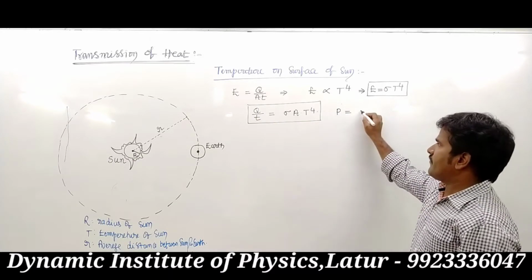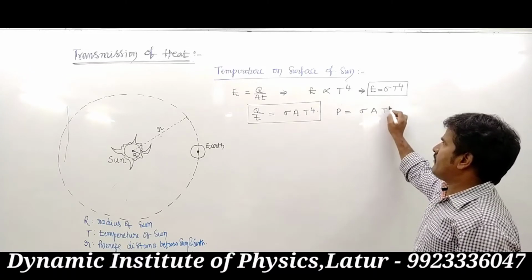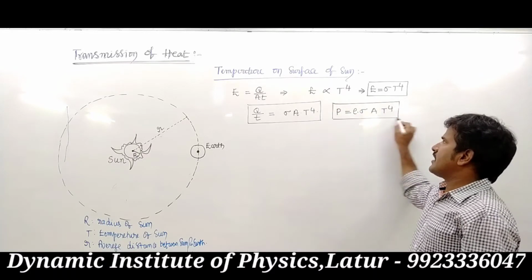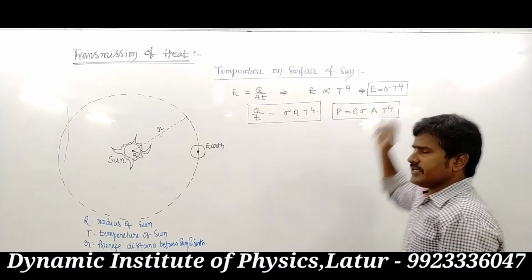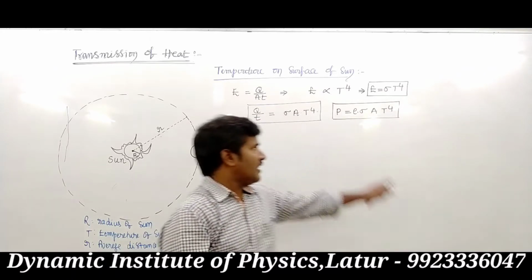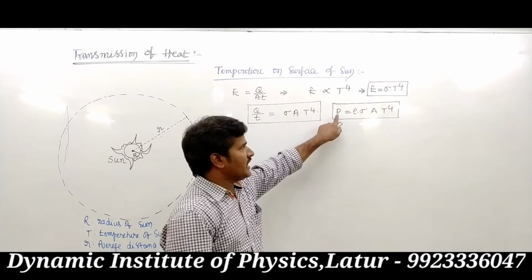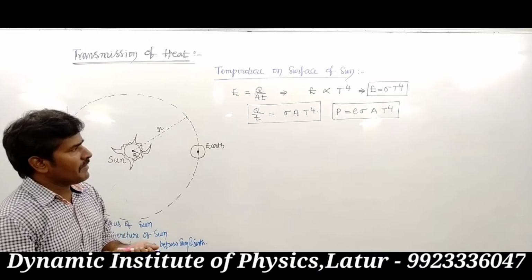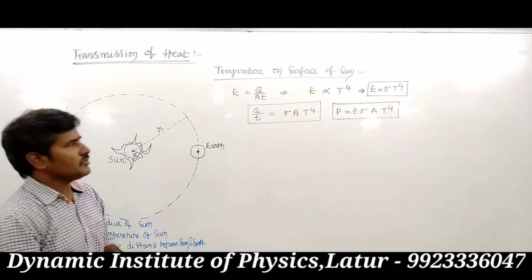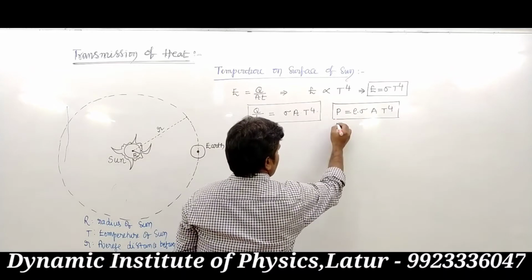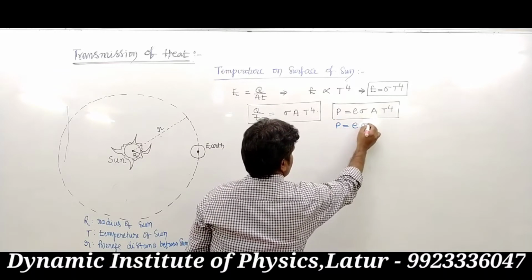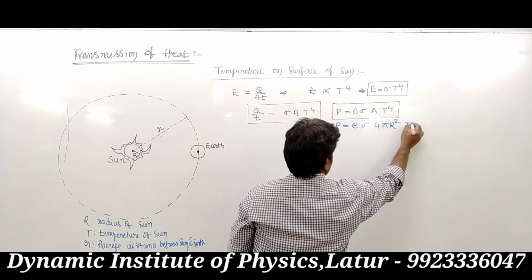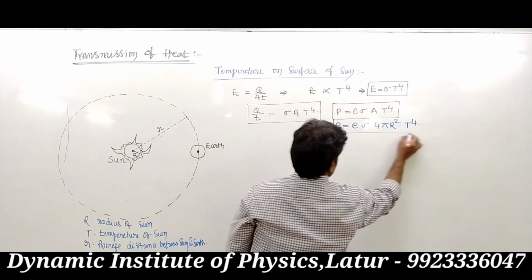Using emissivity, small e, the power equals e into sigma into A into T power 4. This is the rate of emission of heat of the sun, which is e into sigma into 4 pi capital R square into T power 4, where 4 pi capital R square is the area of the sun.